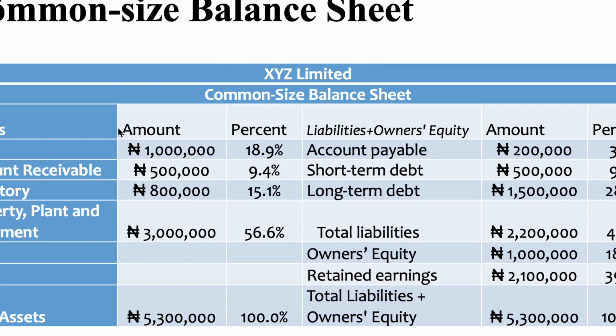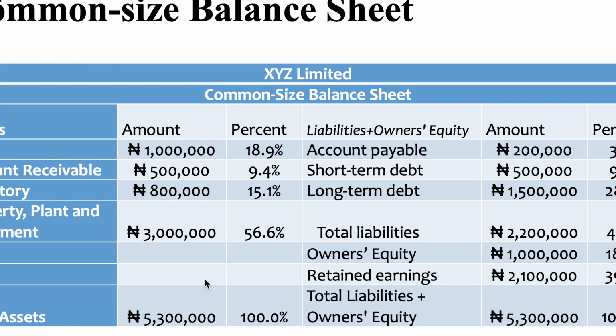If you look at this balance sheet, we have assets on the left side and liability and equity on the right side. So these are the actual Naira values of the assets. The total asset is 5.3 million. Then if we divide 1 million by 5.3 million, we have 18.9%. 500,000 divided by this, we have 9.4%.